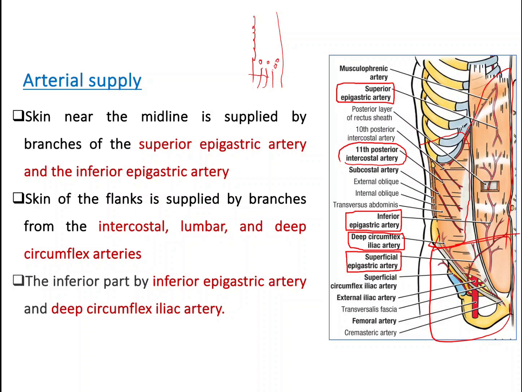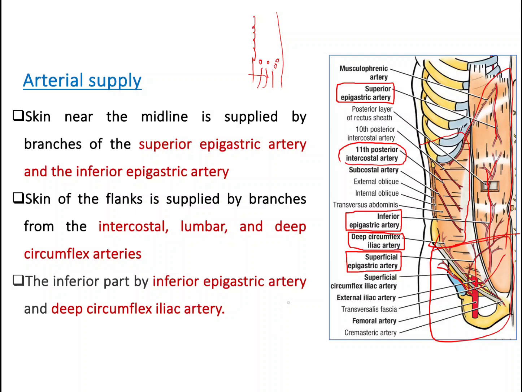In the medial part we can see two blood vessels, the superior epigastric artery and the inferior epigastric artery. In the lower part we have three blood vessels, that is the superficial external pudendal, superficial epigastric and superficial circumflex iliac.